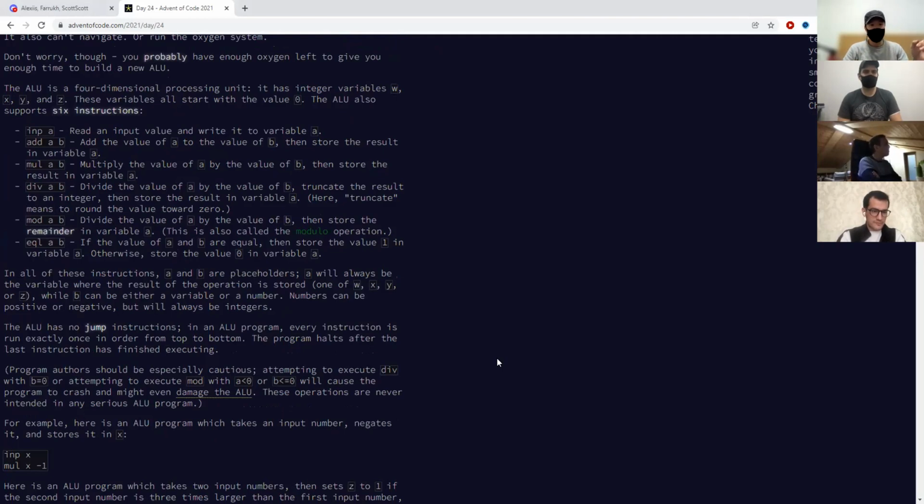Typically, the first register is a register you write to, and the second register is the modifier or the other operand for the operation. So for an add, you add A and B, but you store it in A. Multiply, you have A and B, but you store it in A. Divide A and B, but you store it in A, and so on and so forth. The only different one is the equal, which returns a 1 or a 0, depending on whether it's true or false.